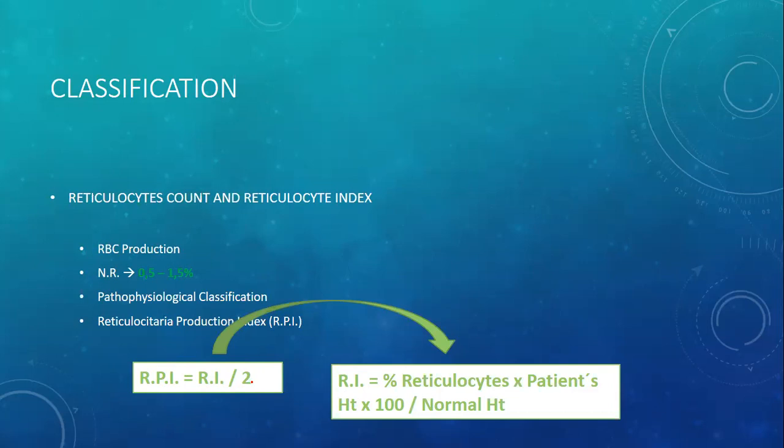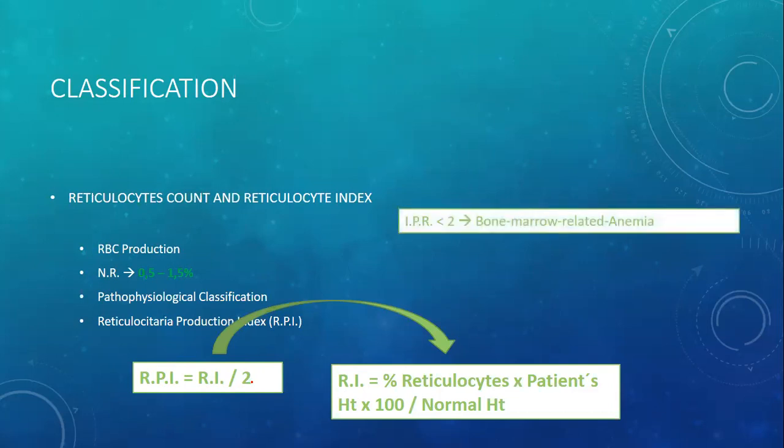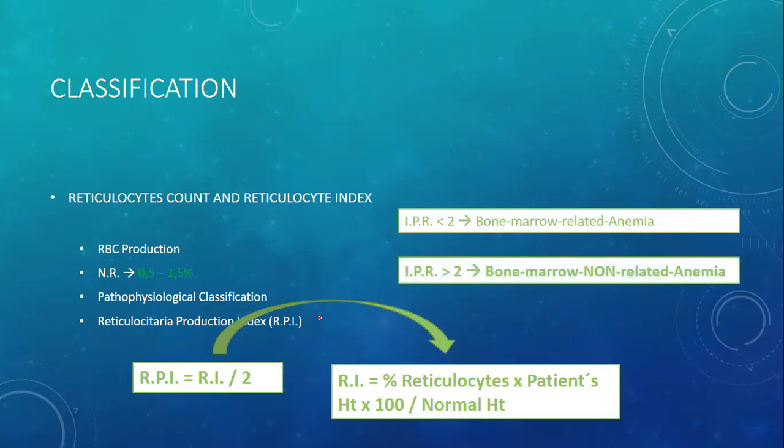And there we get our percentage. So when we have our reticulocyte production index, if the result is lower than 2, it is an anemia related to the bone marrow.